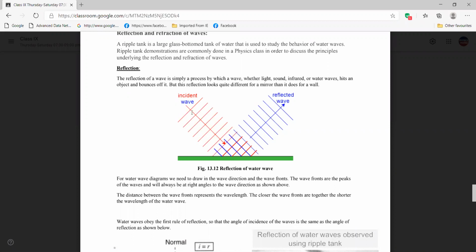Nicely you draw. You see, we are having the wavefronts, parallel wavefronts coming, then returning back. This is called reflecting, returning back in the same medium.